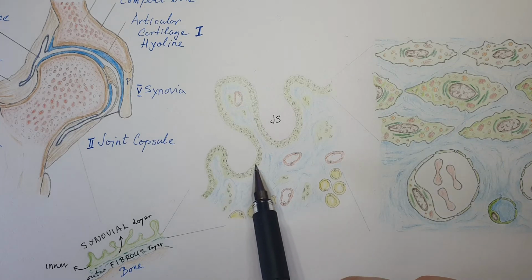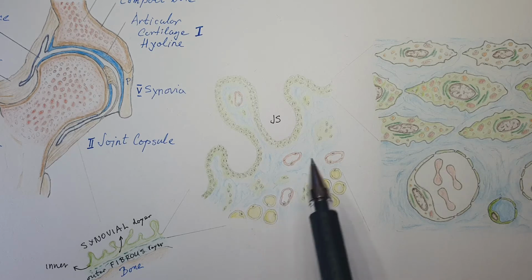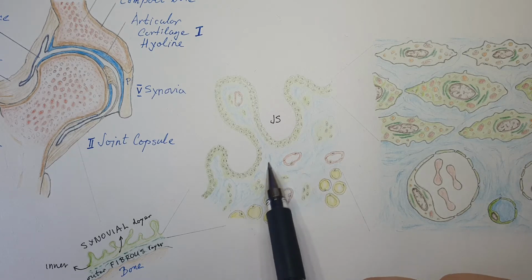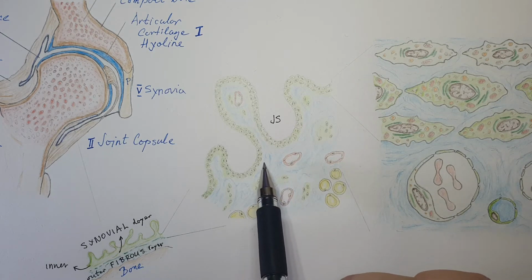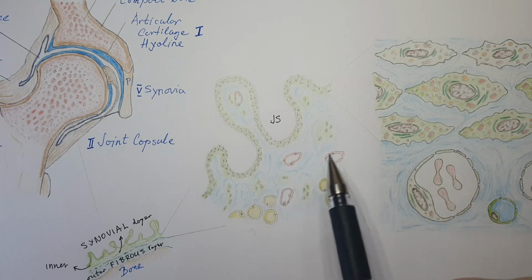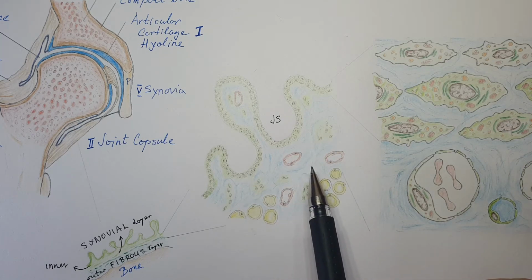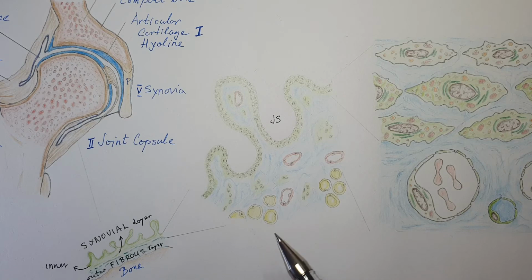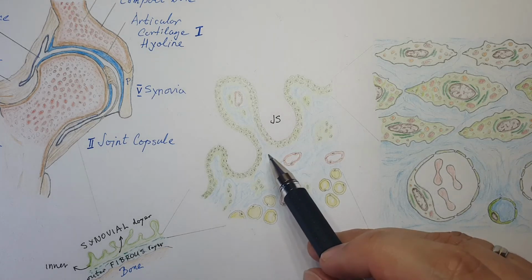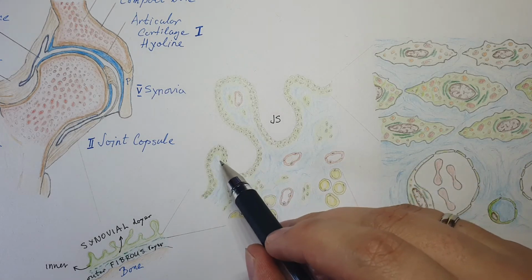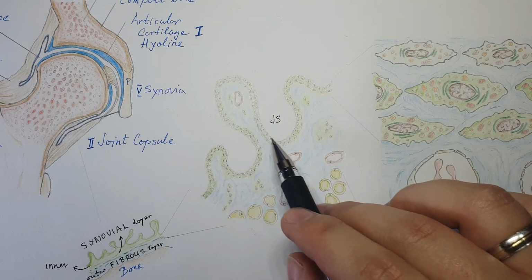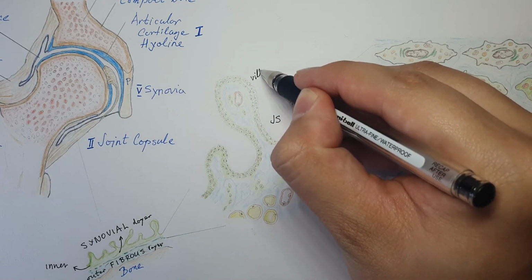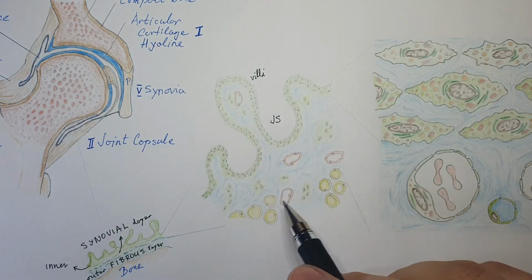So this inner synovial layer can be further subdivided into two parts: this outer part that has many cells, and this part underneath, which has a lot of blood vessels and extracellular matrix. We can also see that this inner synovial layer has some villi that are projecting into the joint space.